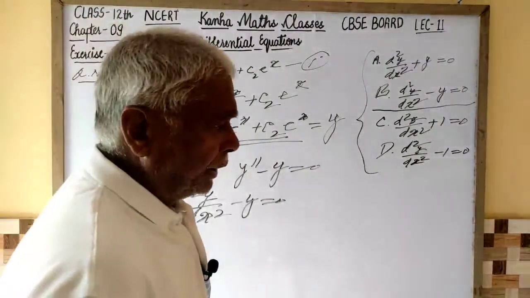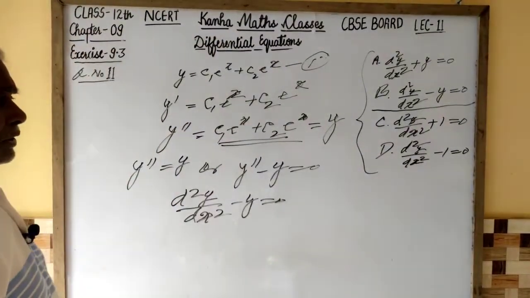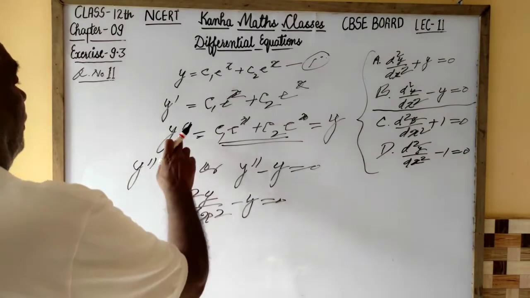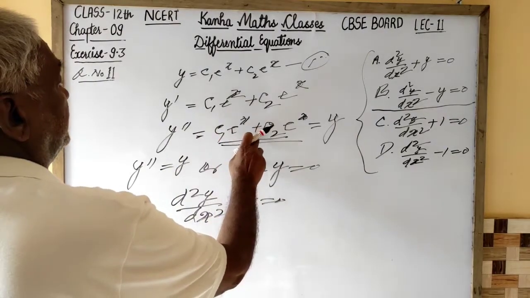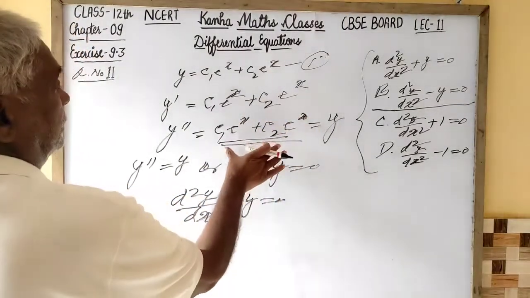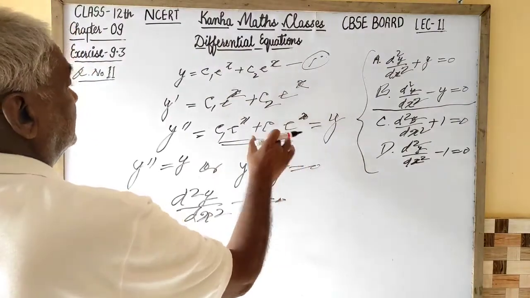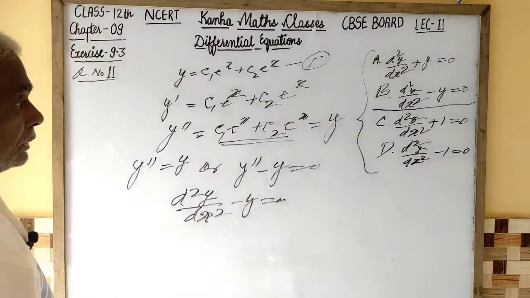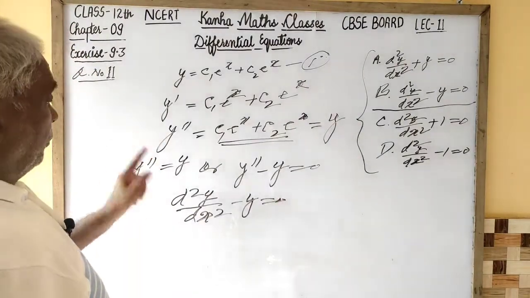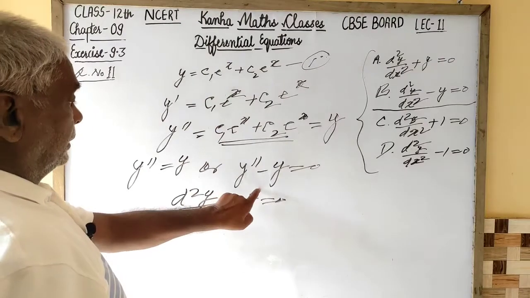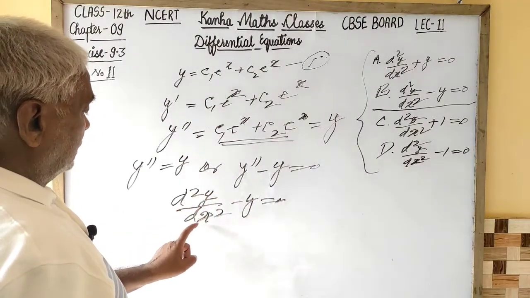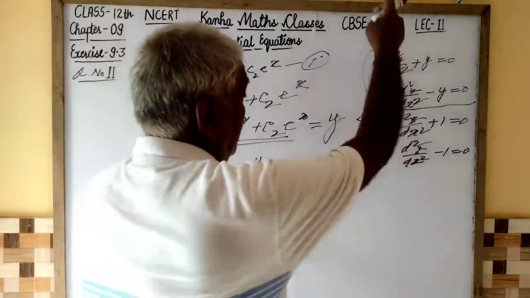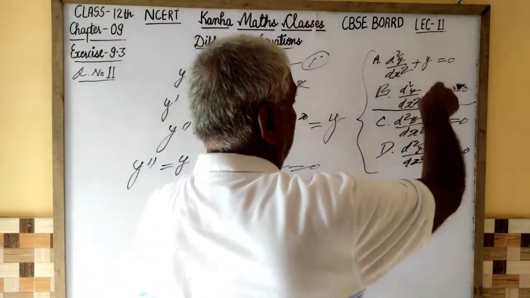Here I want to focus your attention on the solution. This y double dash is equal to this much, which may be written as y dash also. This expression may be written as dy by dx also, but if you put dy by dx, then d square y by dx square minus dy by dx is equal to 0, and there is no such alternative in this differential equation.